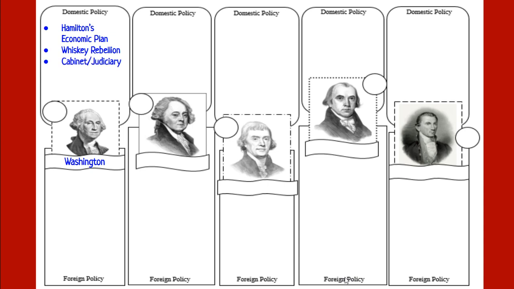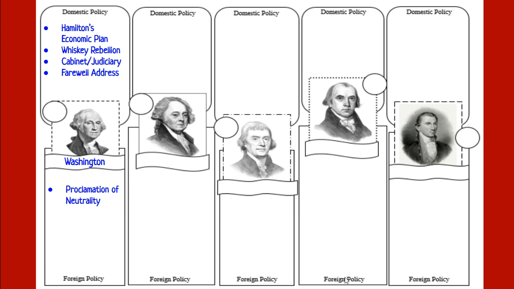We also have him choosing his cabinet of advisors, one of those people being Alexander Hamilton in charge of the economy, and then Thomas Jefferson as Secretary of State. He also gives an inaugural address when he comes into office and a farewell address when he leaves office. In his farewell address, he gives some advice to the American public, and we'll look at that in a moment as well.